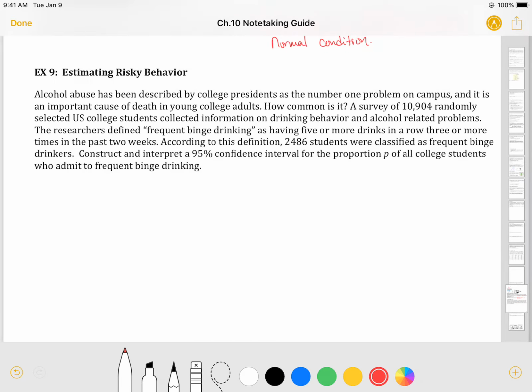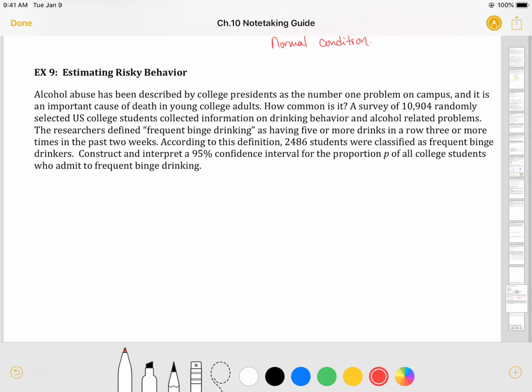So we're going to look at example number 9 here, and what it says is: alcohol abuse has been described by college presidents as the number one problem on campus, and it is an important cause of death in young college adults. How common is it? Well, a survey of 10,904 randomly selected U.S. college students collected information on drinking behavior and alcohol-related problems.